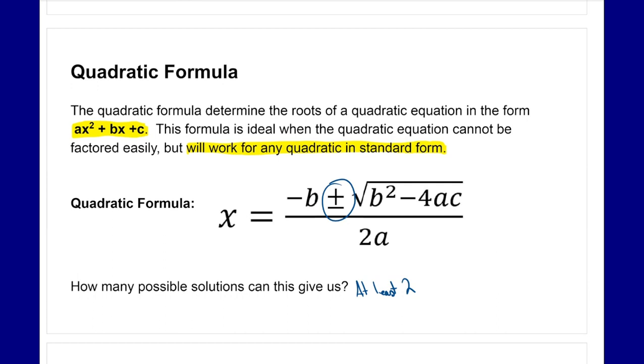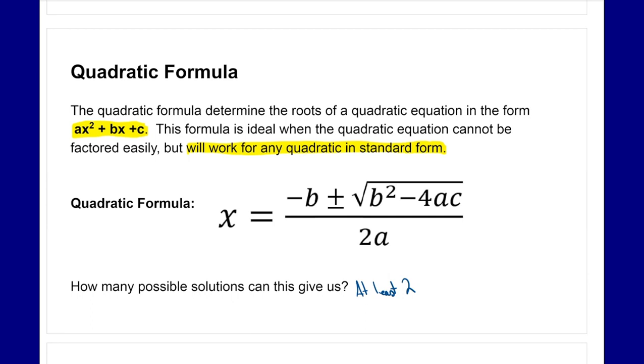So when we go through and we solve the quadratic formula, you'll see that we're going to branch off our solving into the 2 different scenarios, one where we add and one where we subtract. Because that's what that plus minus is telling us. It's telling us to do both. Now, what that results in the end could vary, but the idea is that we do need to go through and do both.